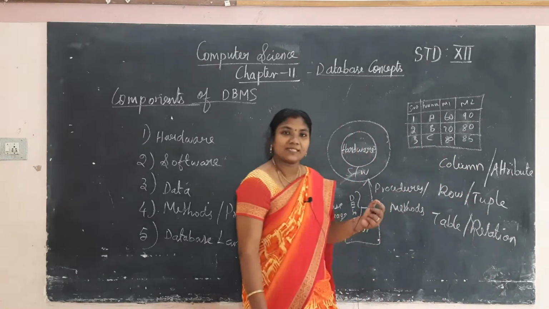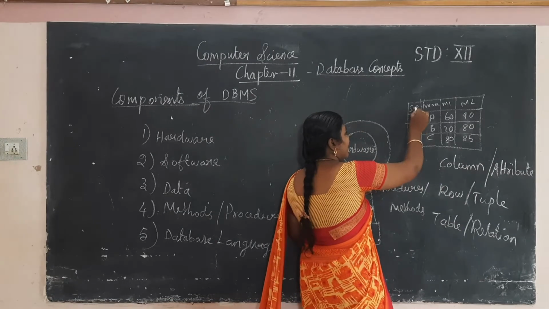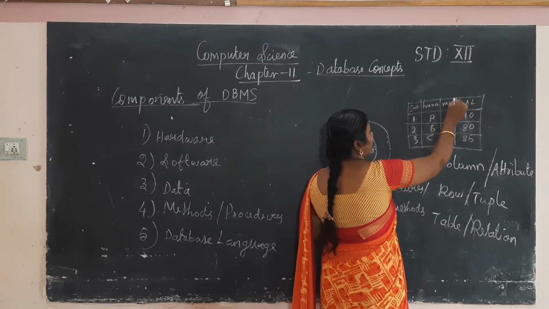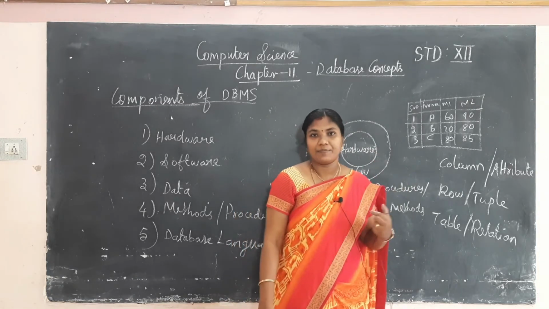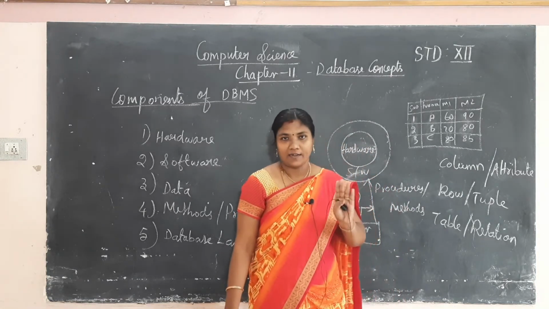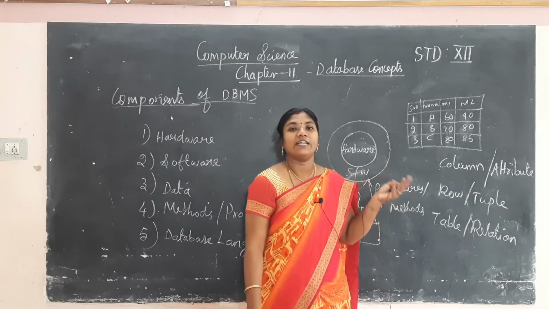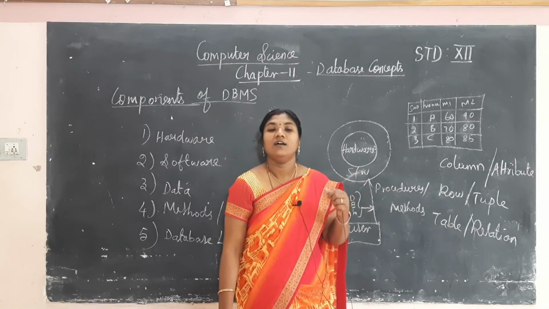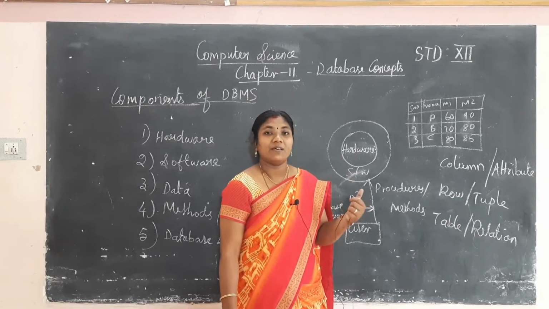So how are we representing? Column is represented as attribute, that is serial number is an attribute, name is an attribute, M1 is an attribute and M2 is an attribute. So in this table we have 4 attributes. So the column, the vertical one, in database we say it as attribute.